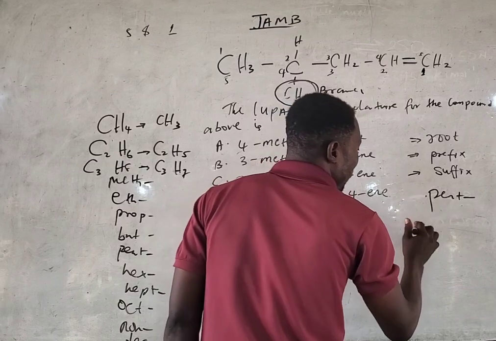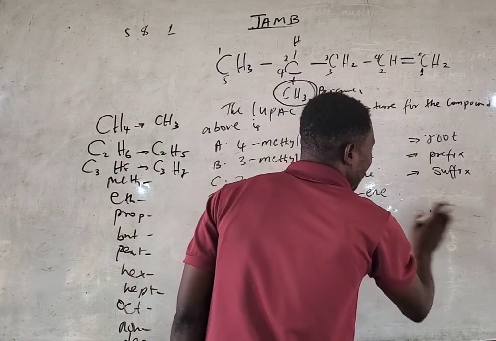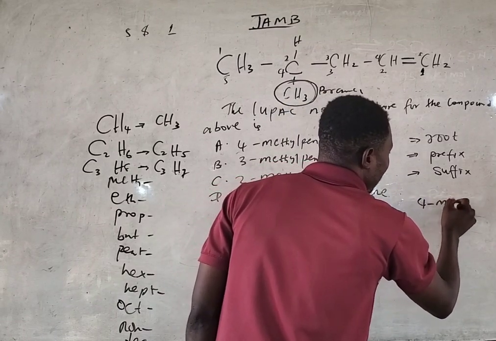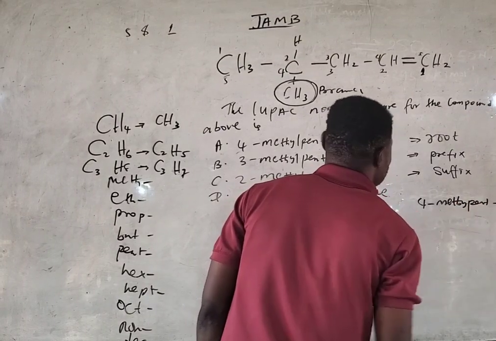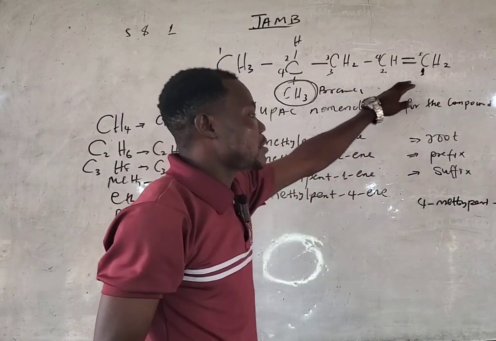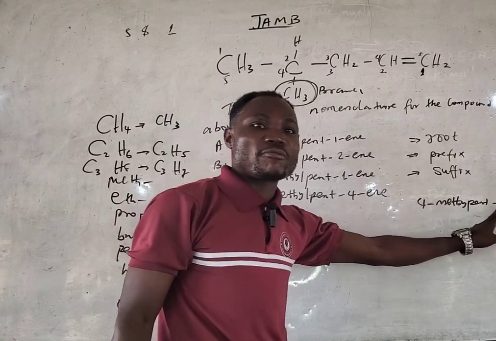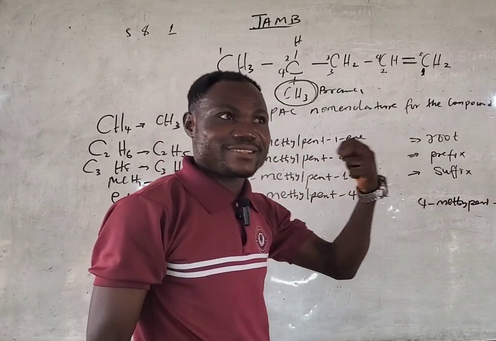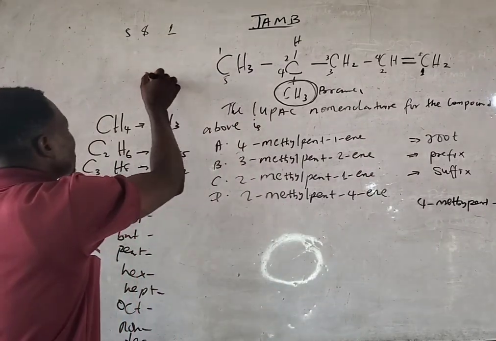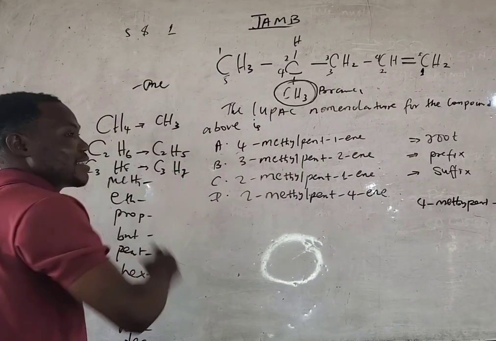So we call it 4-methyl pent. Because of this, the last part of the name is determined by the functional group. The functional group present here is an alkene, whose name ends with e-n-e.